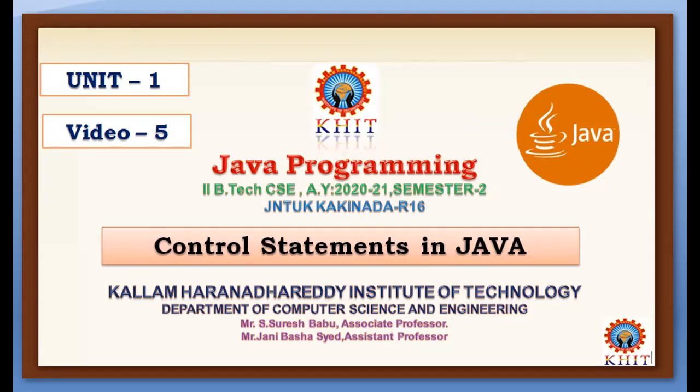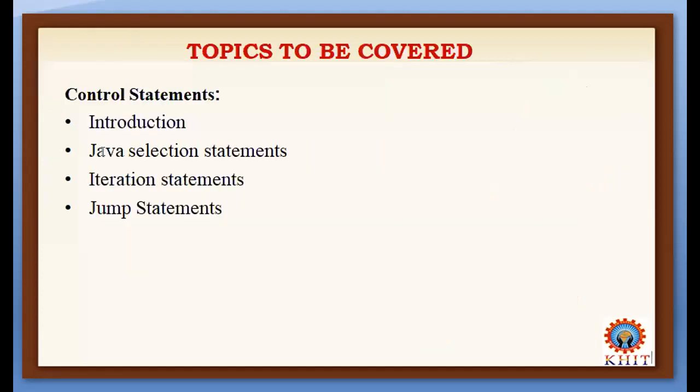In every language we have control statements. We'll see what the control statements are, especially in Java. It is nothing different from C programming. There are three types of control statements: selection statements, iteration statements, and jump statements. Selection statements are if, else if ladder, and nested if.